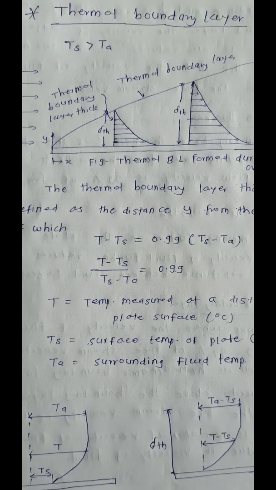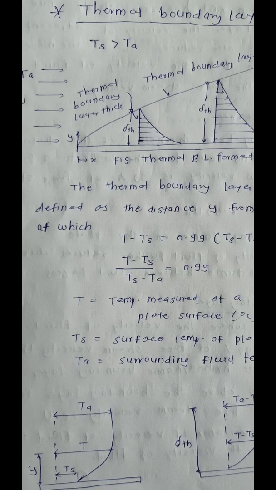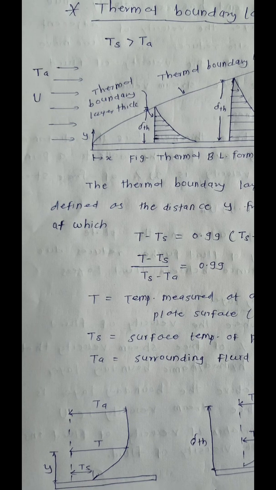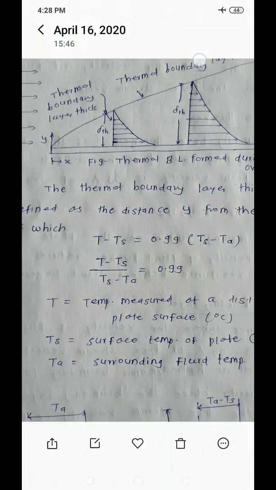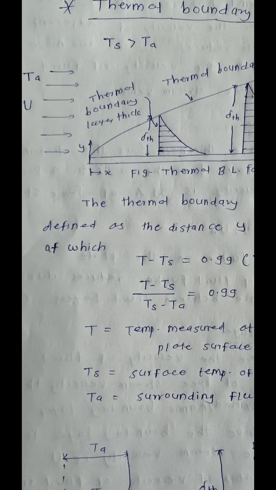And above this layer, the temperature of the liquid is the same as the fluid temperature. So this fluid temperature is Ta. The temperature above this layer is nothing but Ta, the same as the fluid temperature.